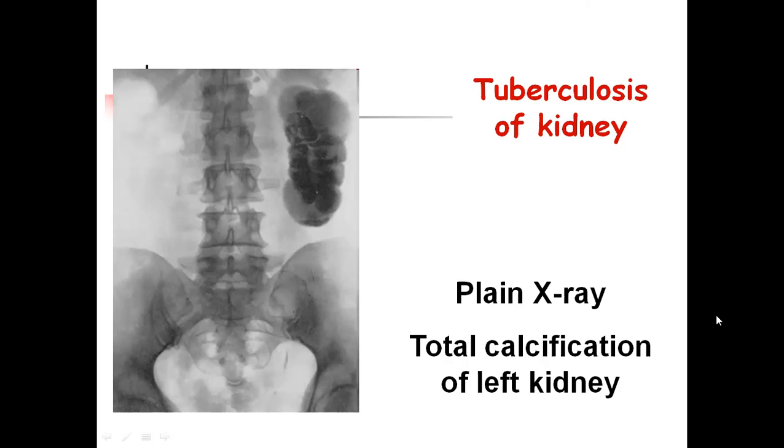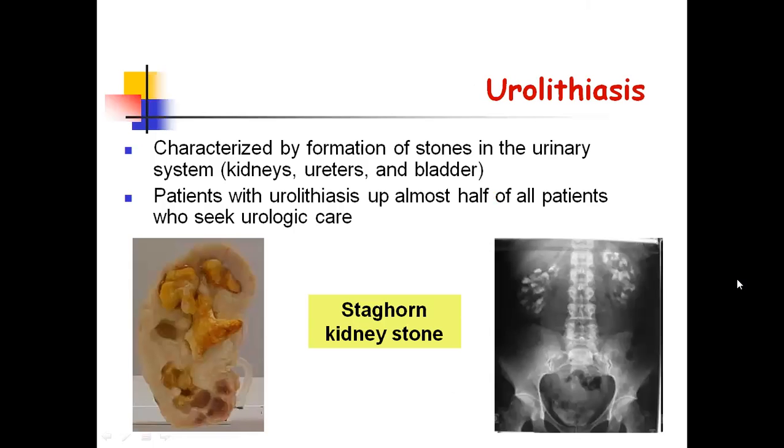It's a result of long-standing tuberculosis which developed in the kidney long ago. The final stage of tuberculosis in kidneys, as in many other organs, is calcification, local or total.